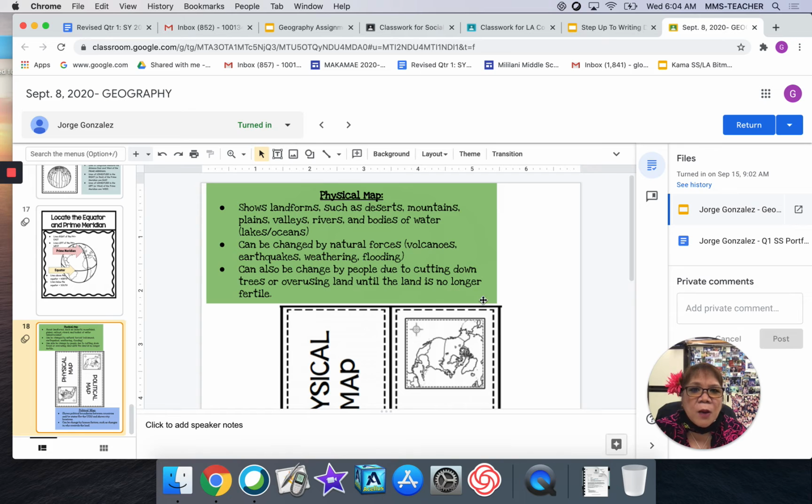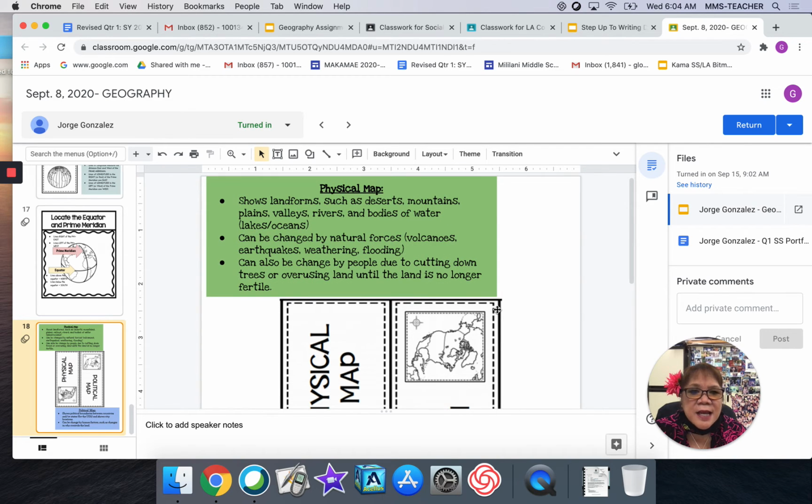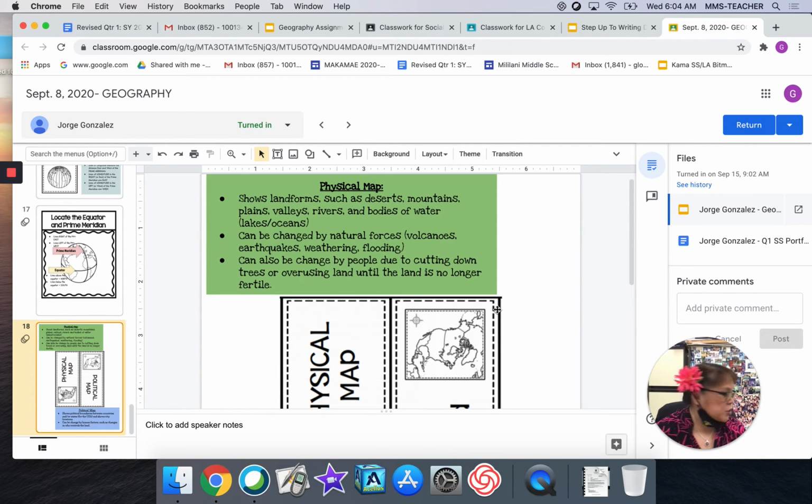Now, what I want you to do is in your social studies composition book, you are going to lift up the flaps that show the different types of map. So where it has the political map, you're going to write the definition under that, and the flap for physical map, you'll write the definition or description under it.